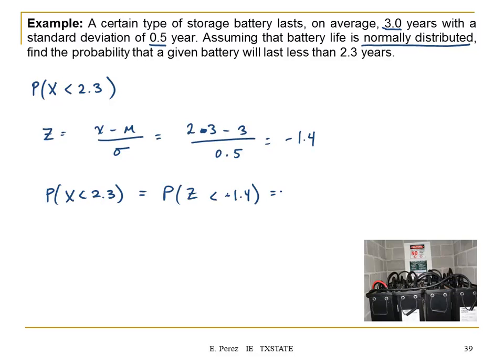So anyone can tell me what is the probability? So it's minus 1.4. So look at the table again. Correct. So you have to find the negative table. Okay, so minus 1.4 is 0.0808.